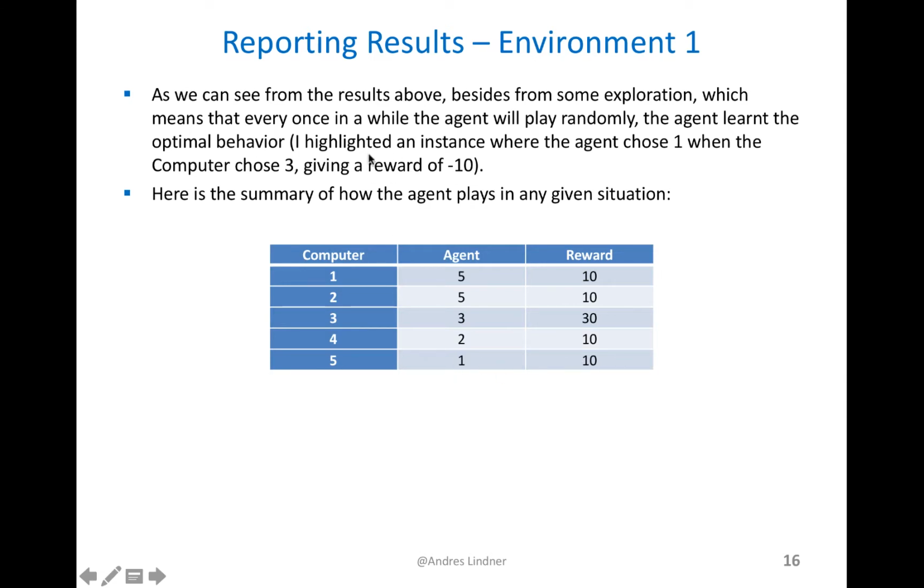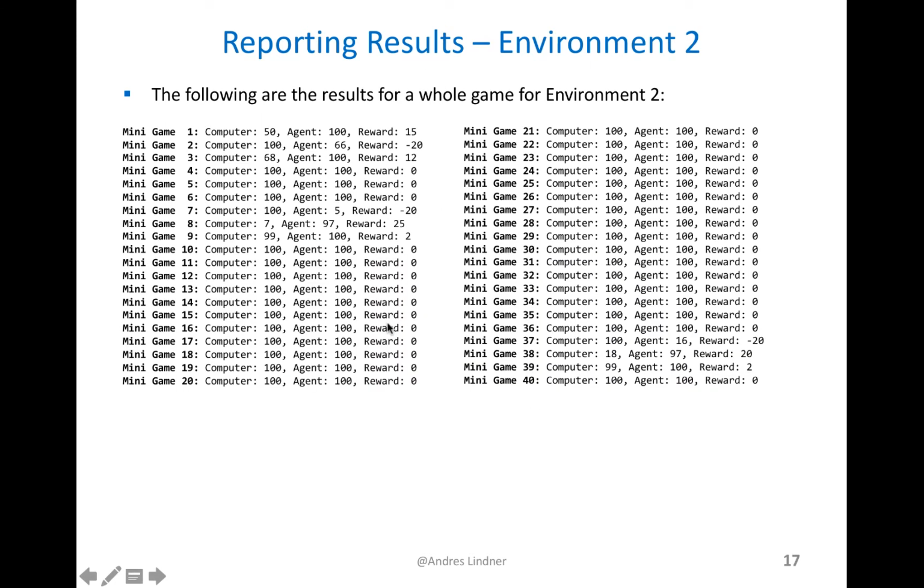There are a couple of instances, which I'm not showing here to not make the presentation very long, where the player plays randomly, because we still have an exploration parameter which converges. The minimum value it can get is 1%. So 1 out of 100 times, on average, it will play randomly. Besides that, it plays optimally.